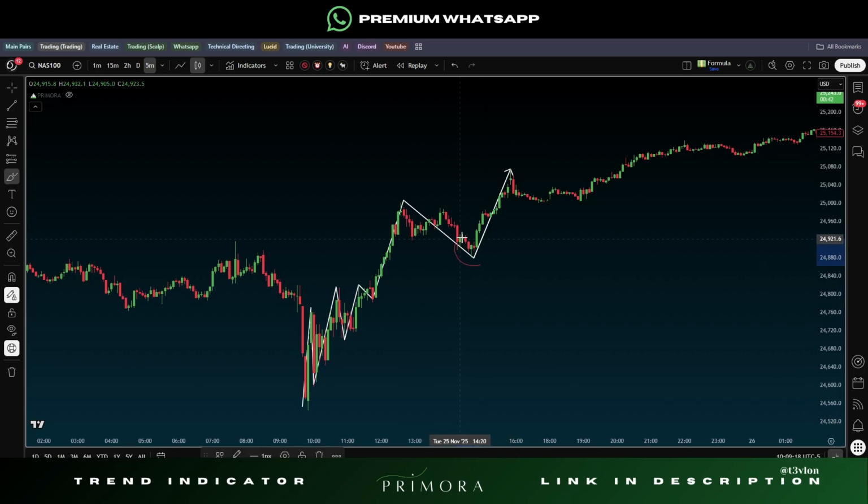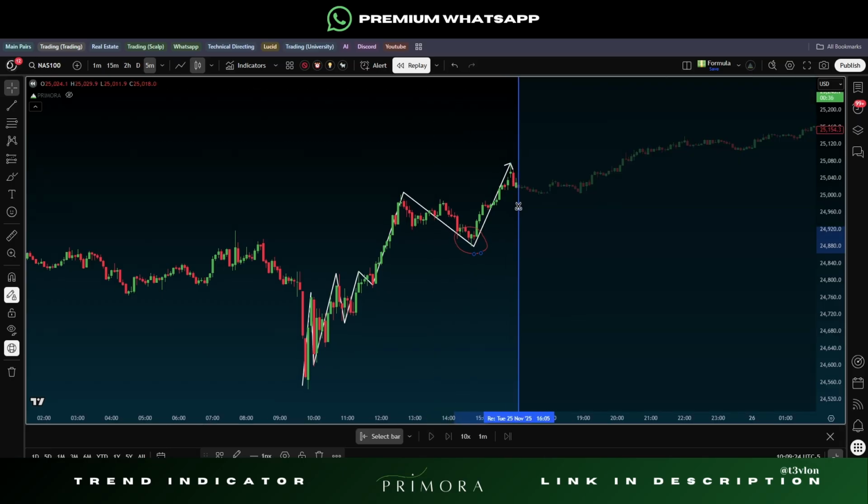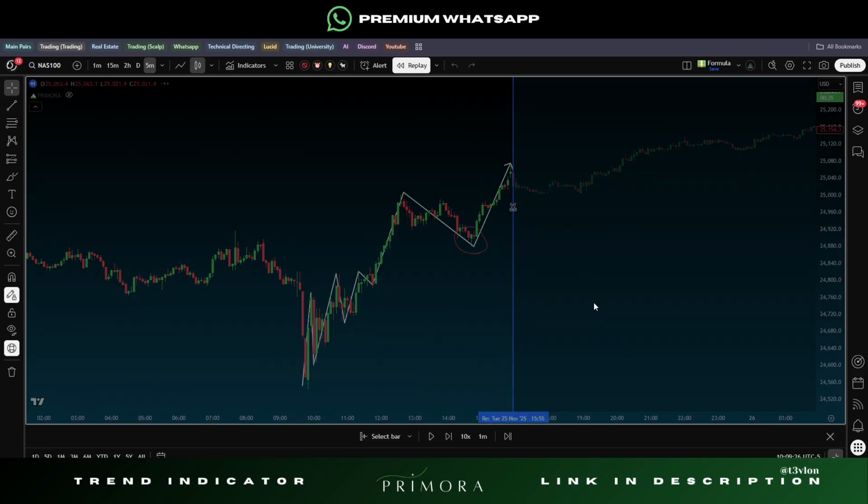So I mark this off and I say, okay, this is on a 5-minute chart right now. If I go down to the 1-minute chart, what do I see? Right?